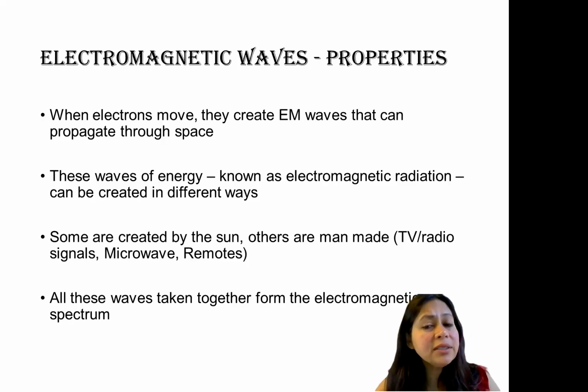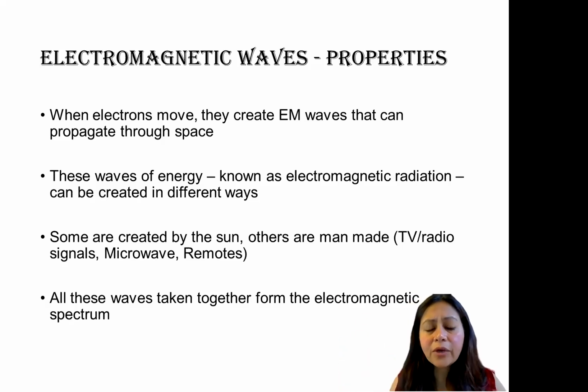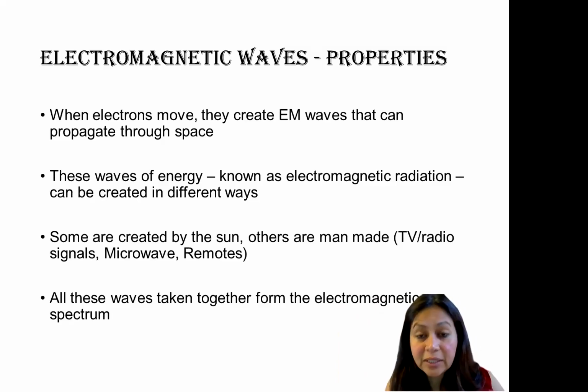If it's a digital signal, it's zeros and ones, but it's still voltage, it's a square wave, but it's a wave. Okay, so what are electromagnetic waves? When electrons move, they create electromagnetic waves that can propagate through space. These waves have energy. They are called electromagnetic radiation. And these waves can be created in different ways.